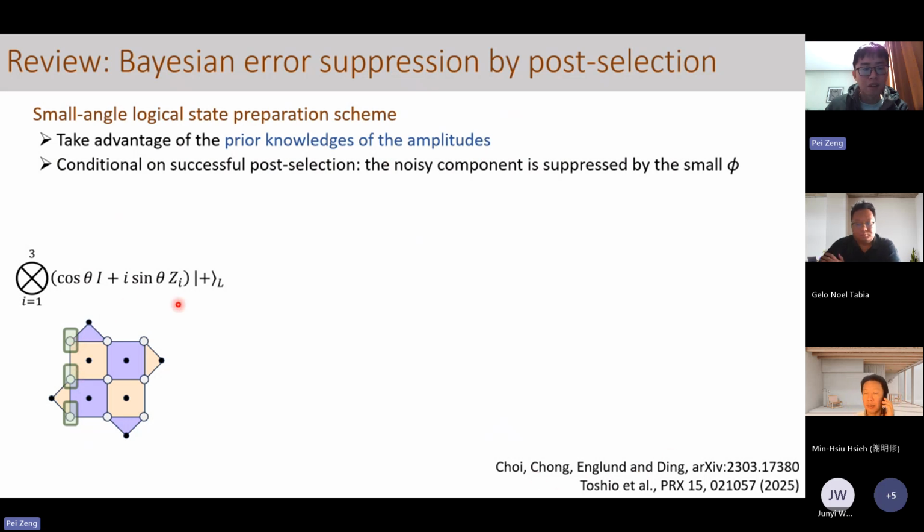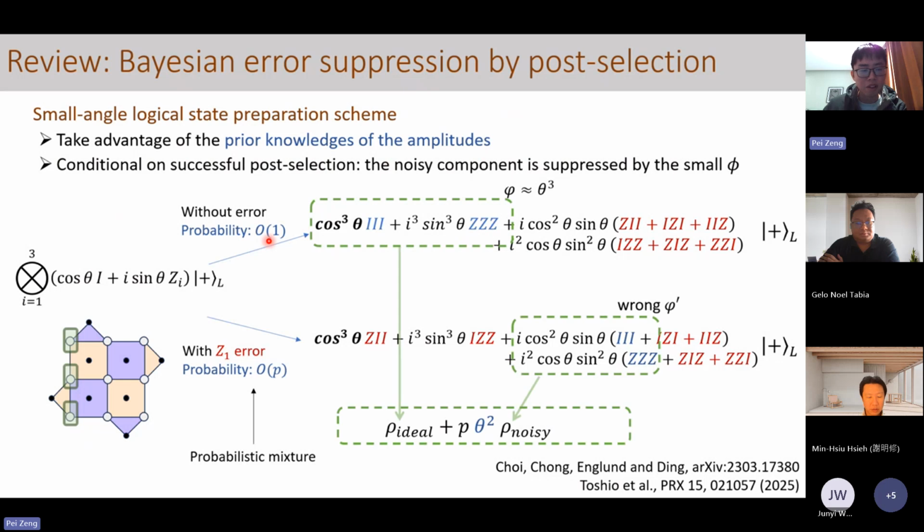This is a very long story, but I want to say it simply. Basically, the basic idea is you perform a small rotation gate on the surface code first, and then you do the code projection to project the rotation state to the code space, and if the projection is successful, then you can actually realize a rotation gate.